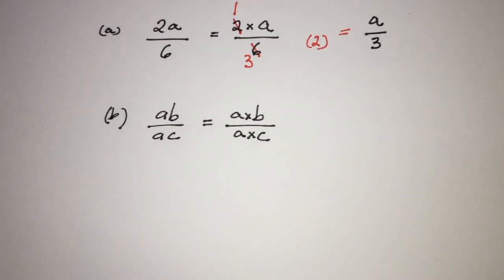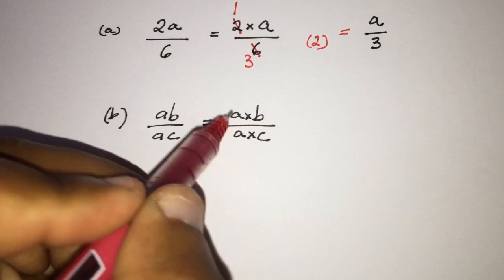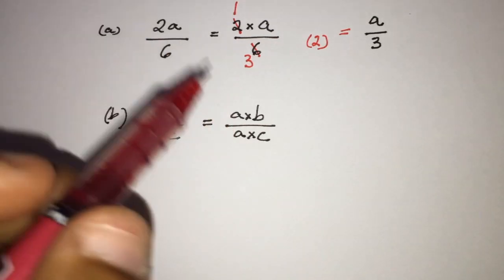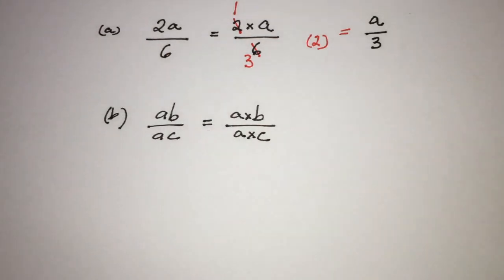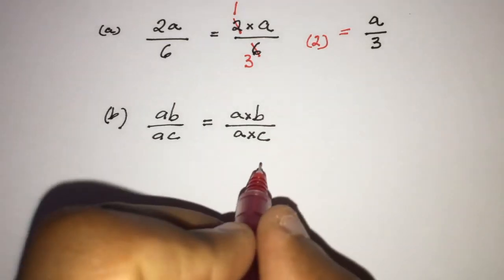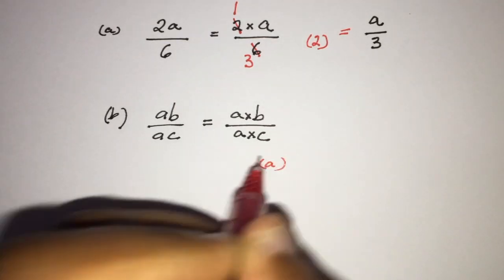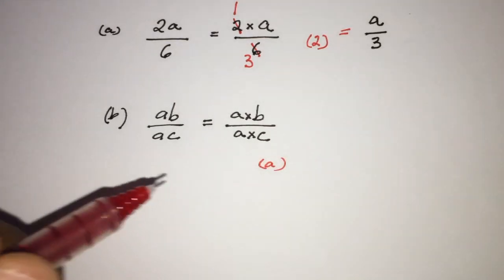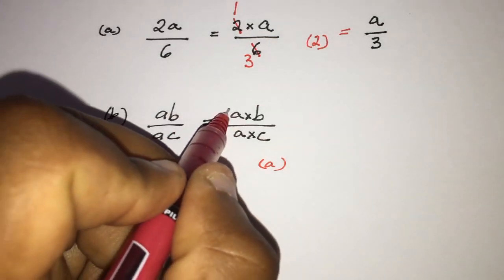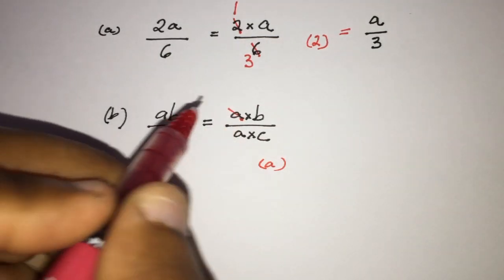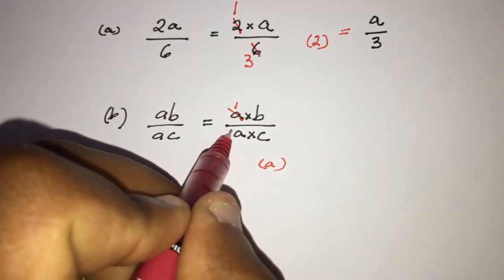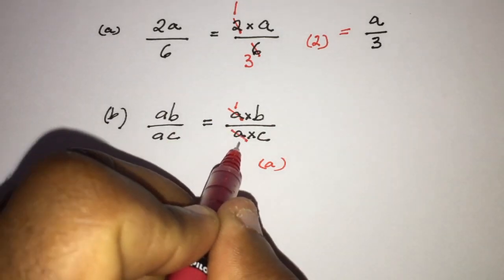Now I'm looking for what is common in the numerator and what is common in the denominator. So let's go. A is common at the top and A is also in the denominator. So the common factor would be A. So I'm going to reduce the numerator by A. A into A goes 1 time, and A into A in the denominator goes 1 time.